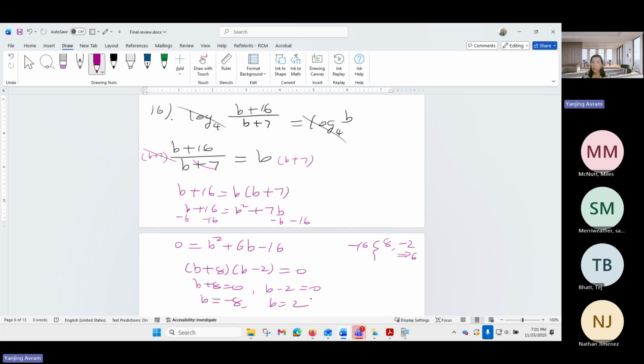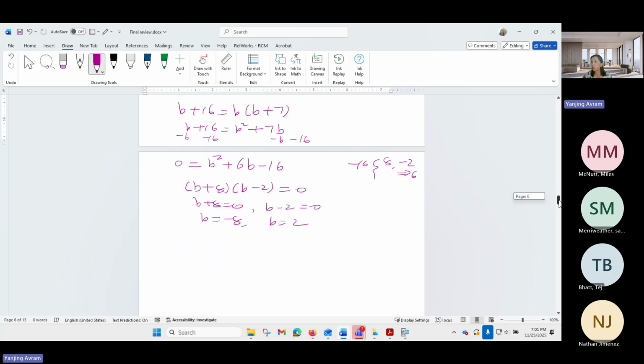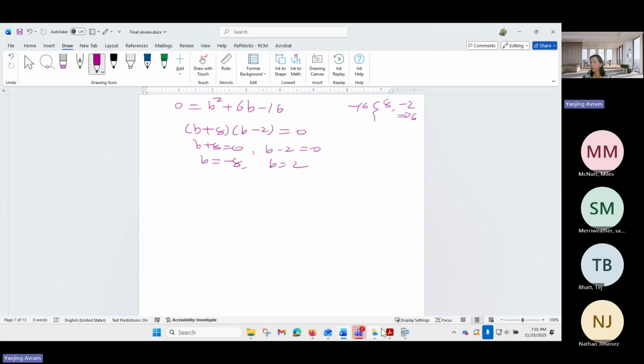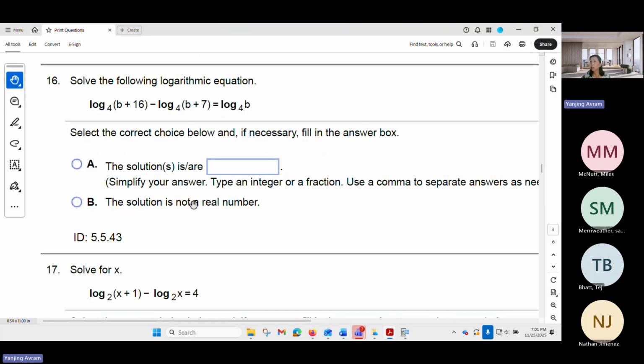All right. And the same thing, we have to check to see if we can keep these two answers or not, because this is a log. Okay, so let's see. We have 3 logs here, right? So that means I have to make sure all 3 are positive. What does that mean? That means b plus 16 needs to be greater than 0. b plus 7 also needs to be greater than 0.